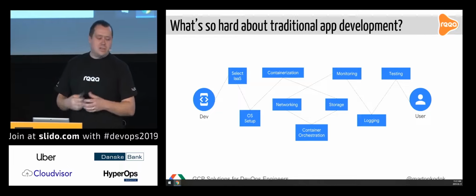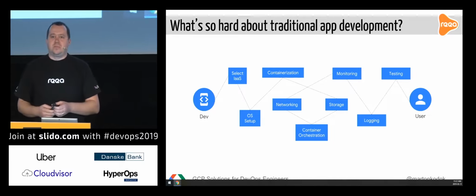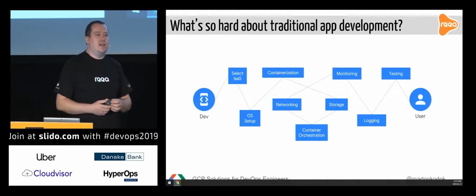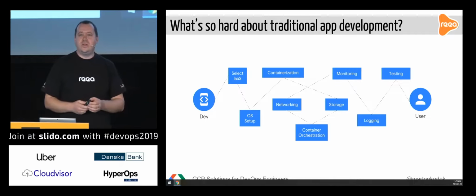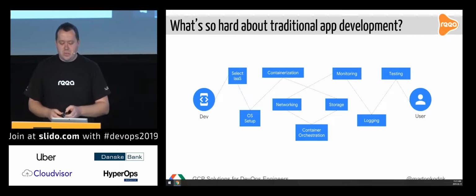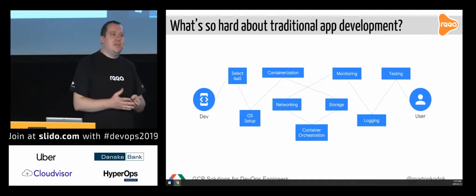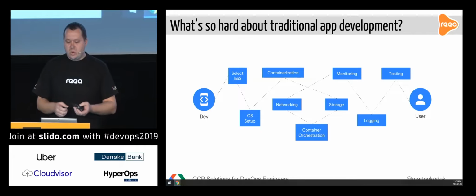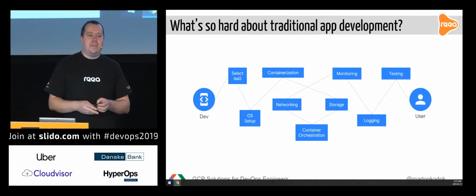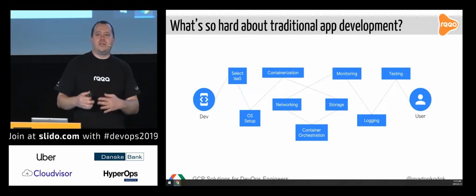Let's see what's hard about traditional app development. As you see, there are usually about 20 components when you start developing applications, but nowadays it comes down to addressing capacity requirements. And that's actually when you turn to the cloud.